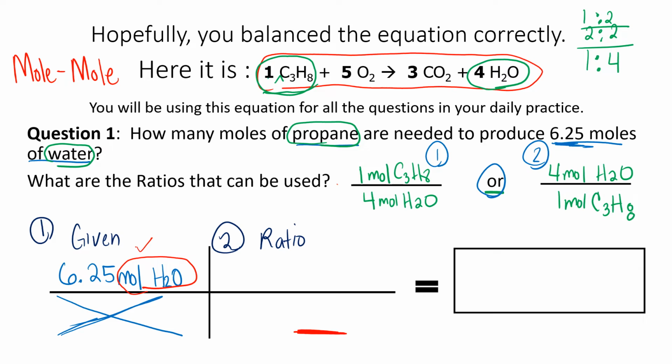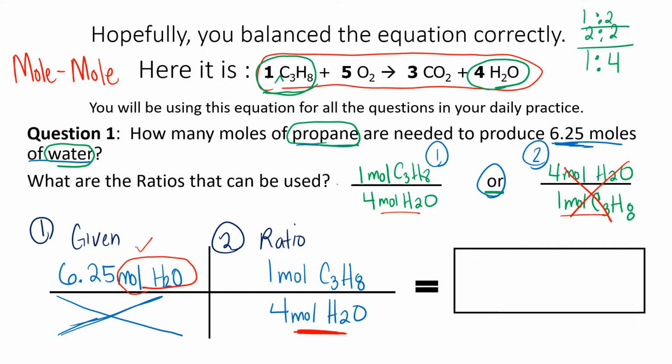Does this one have moles of H2O? It sure does. Does this one? Nope. So we're not using this option, and we stick to option 1. All I'm going to do is copy it the way I see it, 1 mole of propane over 4 moles of water.